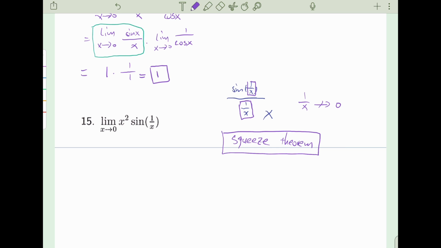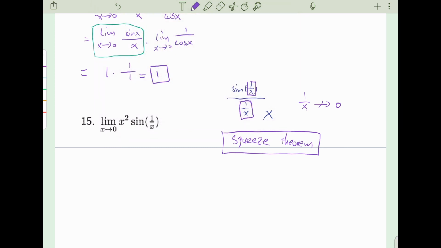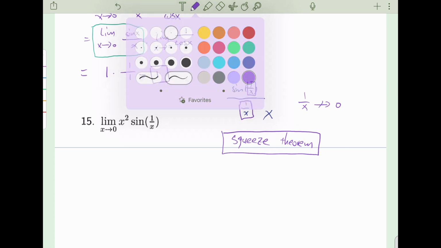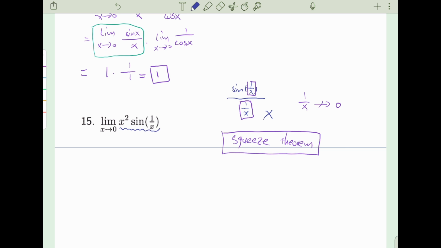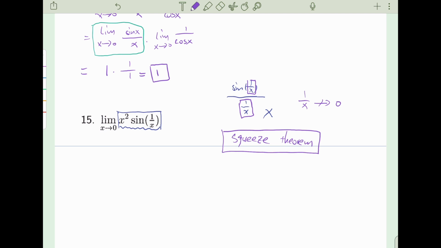That is like you have a slice of beef in between, and you're finding 2 pieces of bread, and then you create a sandwich to squeeze the thing in between. So our idea is to create an upper bound and a lower bound for this expression, in which these 2 bounds are going to the same limit, so that this expression is also going to the same limit.